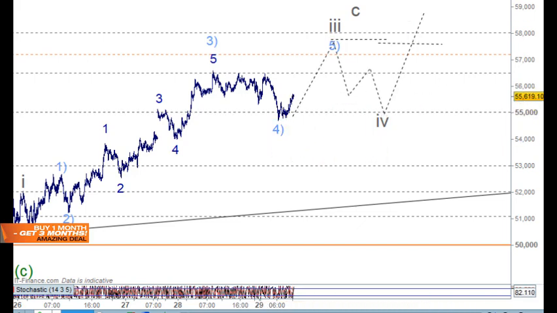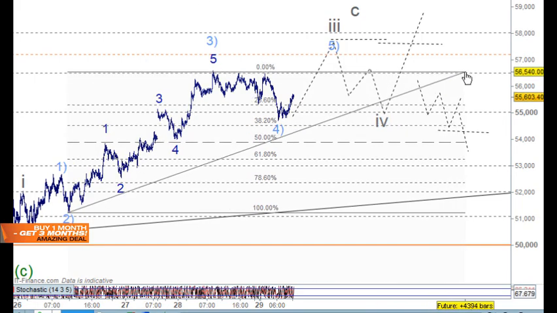So what we could say is that if you have trouble counting this here, we could say that if the 55 becomes the retested resistance here, then you know that, well, Houston, we've got a problem. But if it sits, it can come down and spike there, but it should just pull back to that. Let me just see a few things here.